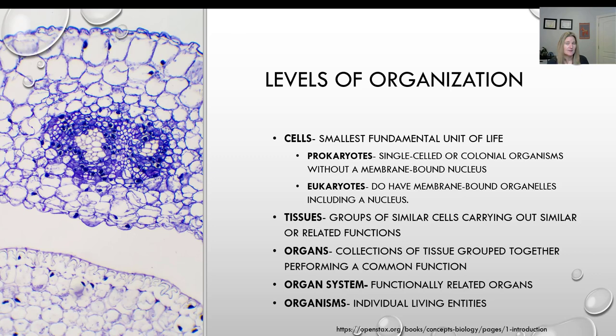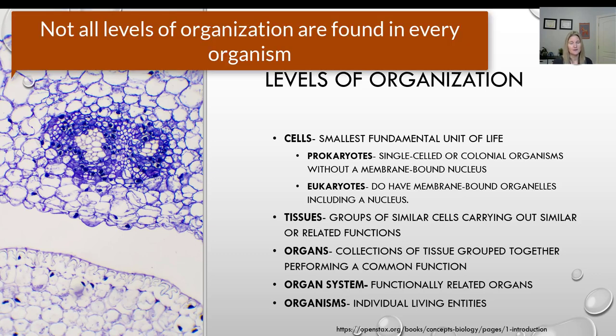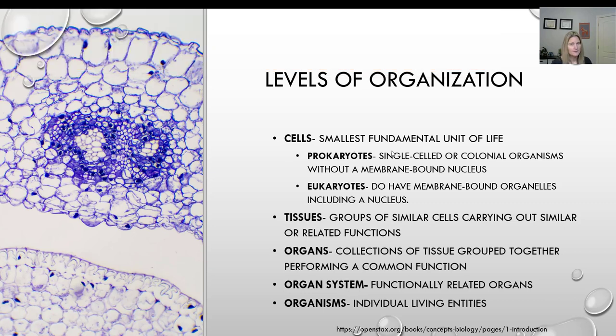But as I said before, when we go through the levels of biological organization, just remember that not all levels are present in every single living thing. My bacteria friend here, a single-celled prokaryote, doesn't have tissue, organs, or an organ system because it's just one cell.